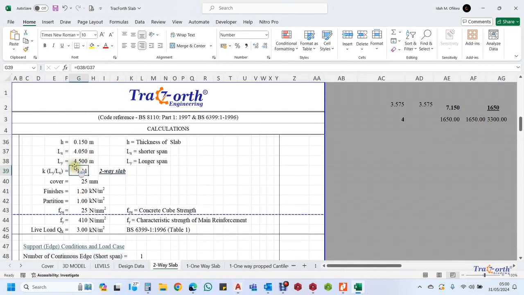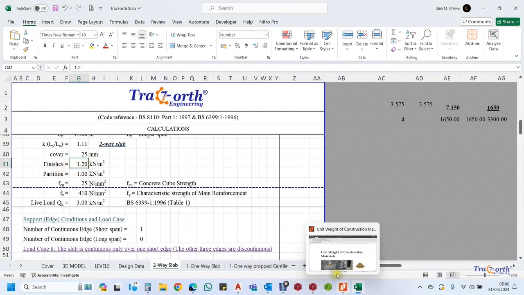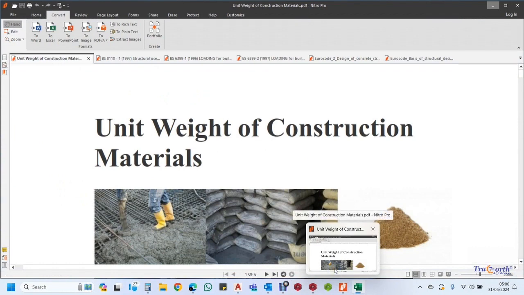So the next thing, you see, our factors have been determined, and because it's 1.11, that means it's a two-way slab. It's less than 2, the K factor. So our cover that we just predetermined is 25 mm. Then our finishes, which can be seen in units of construction materials, which you have to determine.